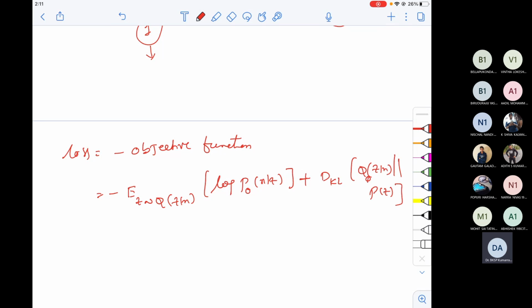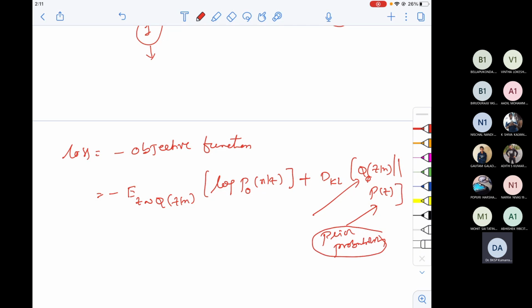Now, KL divergence initially has Q z given x and P z given x, but now we have one conditional probability Q z given x, and we don't have a conditional probability on the other side. What is P of z? This P of z is the prior probability of our latent space.